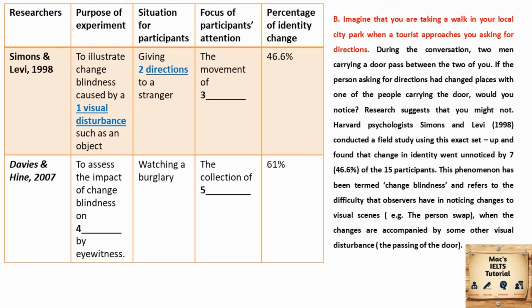The last sentence of paragraph B states that this phenomenon has been termed change blindness and refers to the difficulty that observers have in noticing changes to visual scenes, example, the person swap, when the changes are accompanied by some other visual disturbances, example, the passing of the door. Passing of the door is paraphrased as the movement of dash in the question. Hence, the answer for this question can either be door or the door.